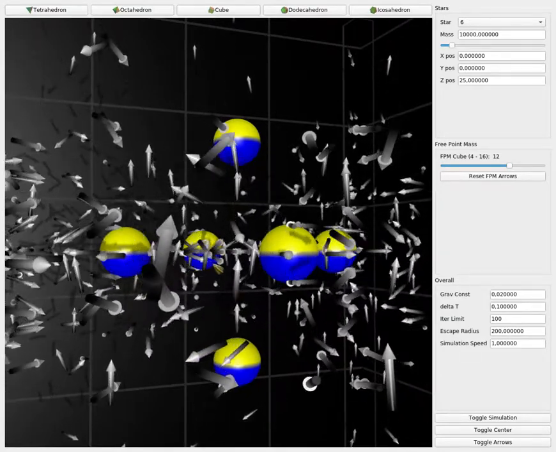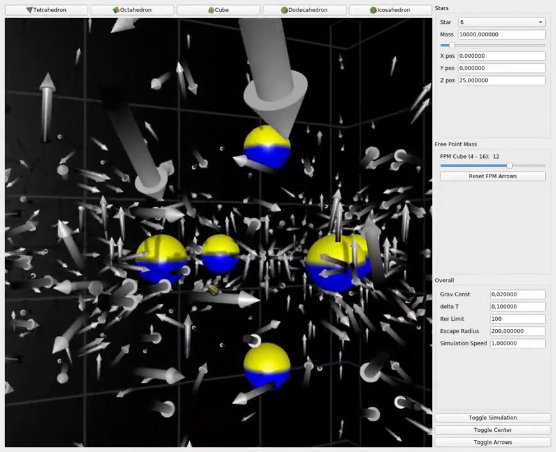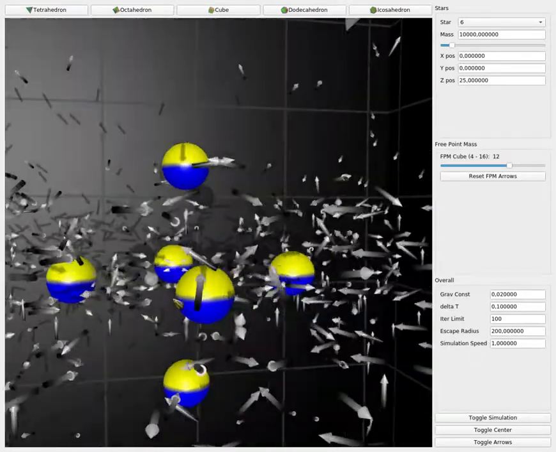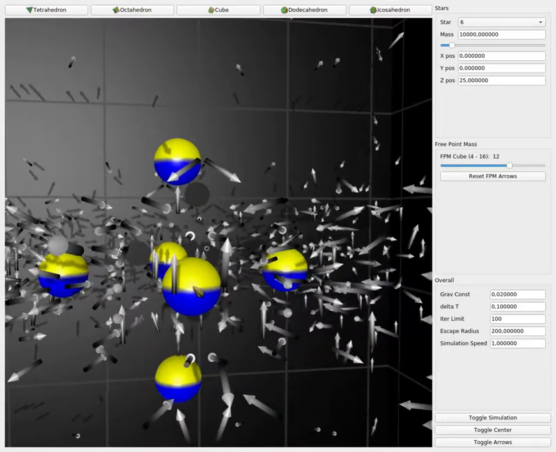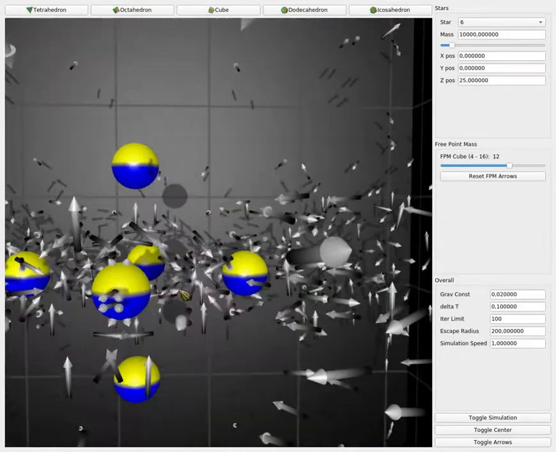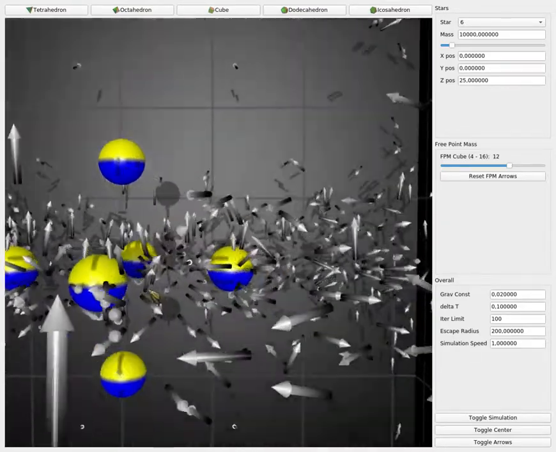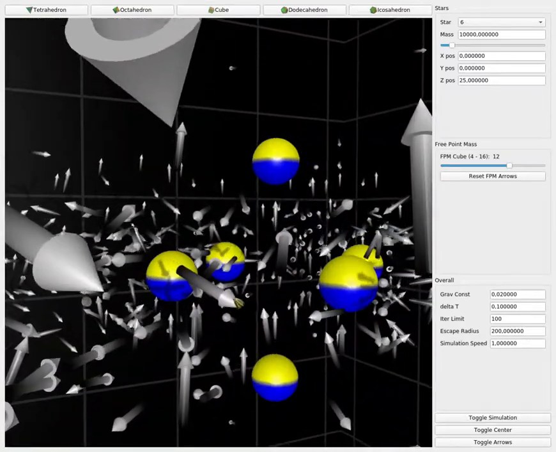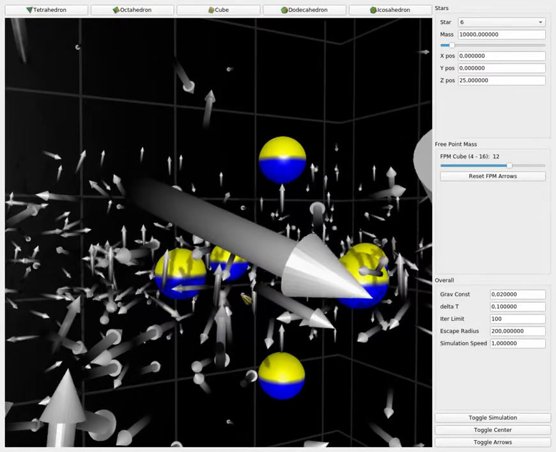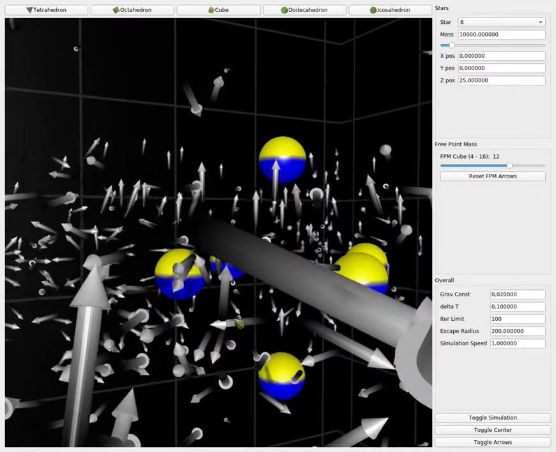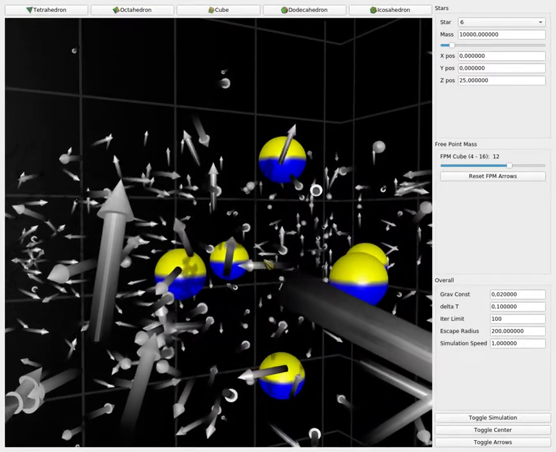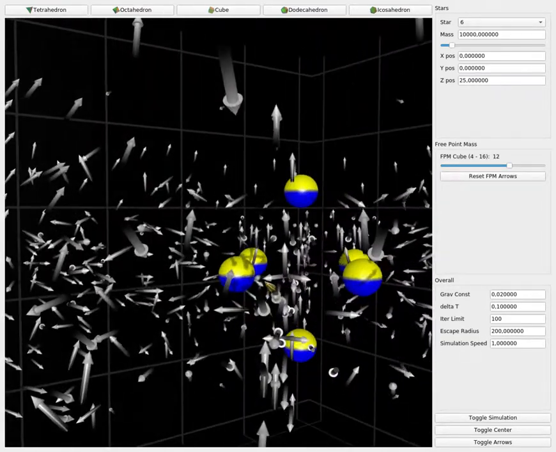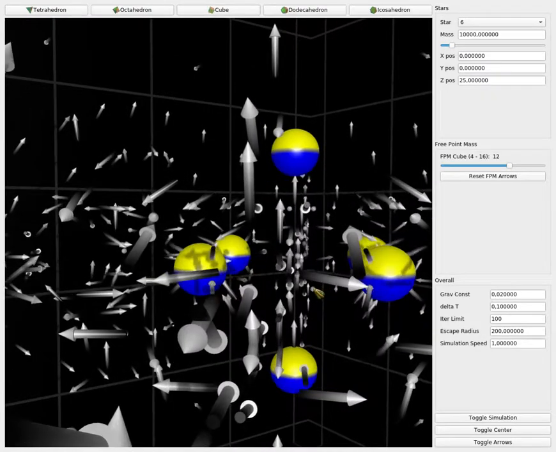This is just to give me an indication of the dynamics of the free point masses, so I can better plan in generating the actual gravity set fractal. And you can tell it's pretty intense. This in and of its own right is fairly interesting, how these arrows are moving.